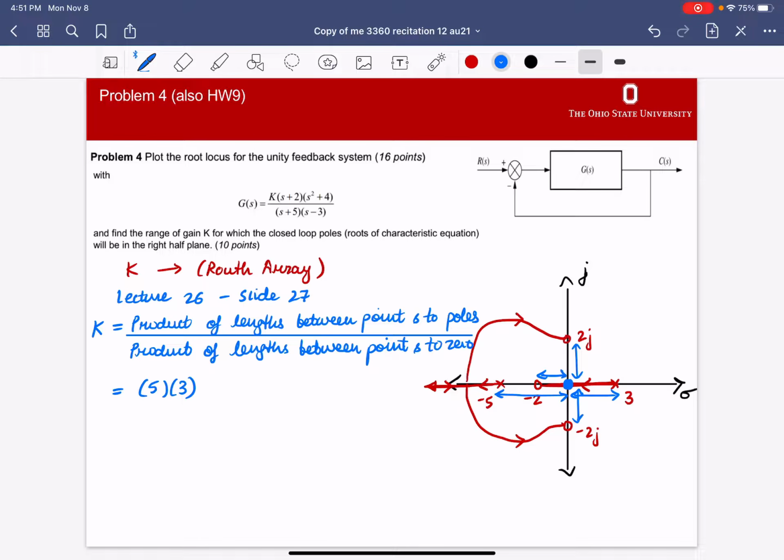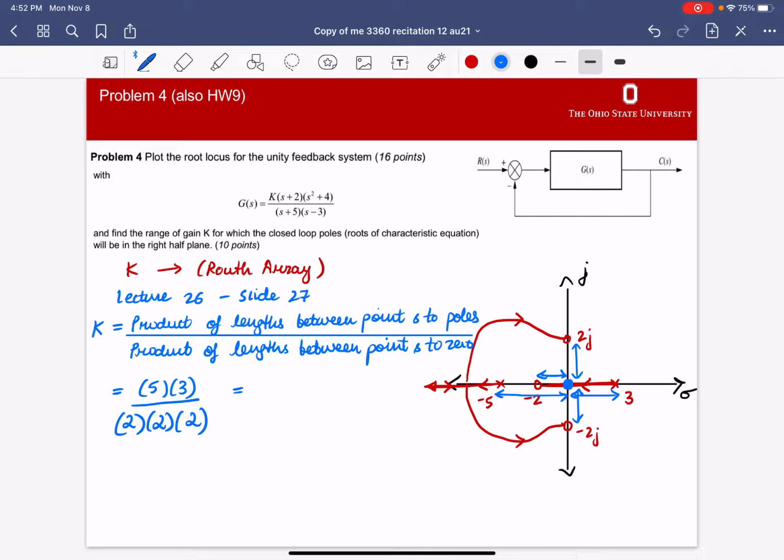Key word to note here is that it's length, not displacement, so the sign does not matter. Even if it's on the negative side, it's -5, but the length is just 5. And in the denominator we have the length 2 coming in from the -2, and then another length of 2 from the vertical zero at the top, and then one more 2 from the vertical zero at the bottom.